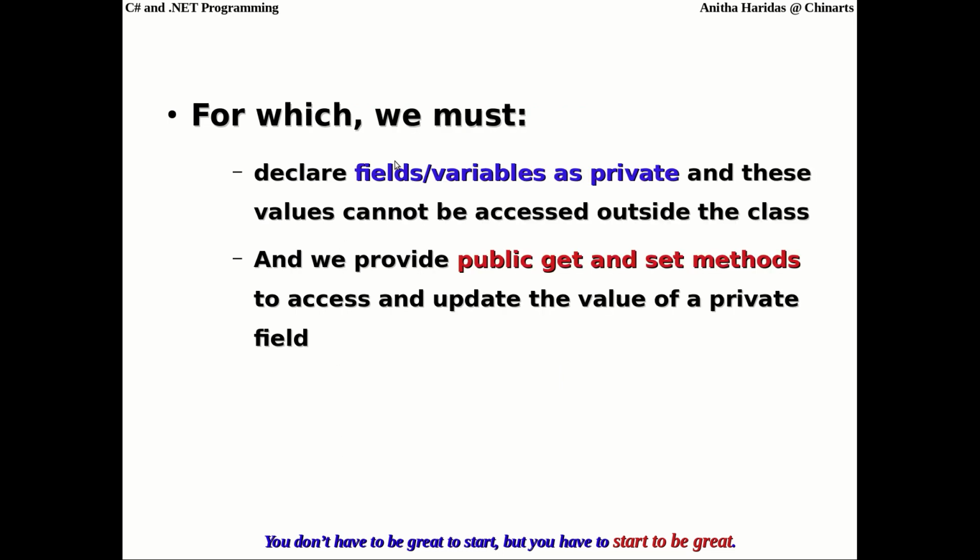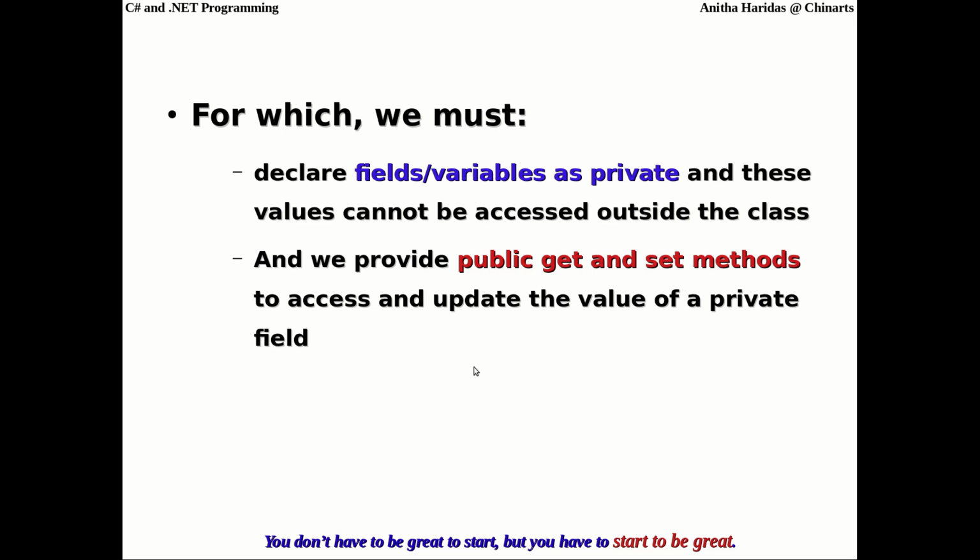for which we generally do in a class declare fields or variables as private variables, and these values cannot be accessed outside the class. And we generally provide public methods which you call as get and set methods to access and update the value of a private field.